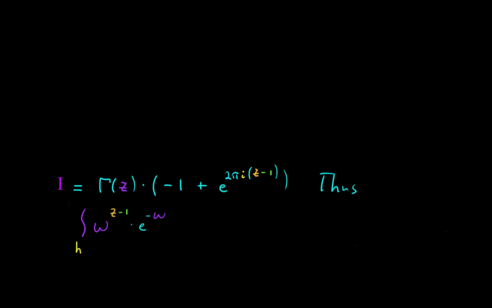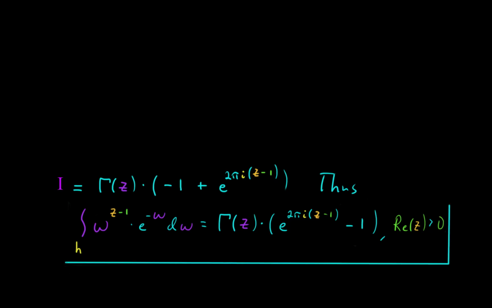And then rearranging terms on the right-hand side of the equation, we have that this contour integral equals gamma of z times, open parenthesis, e to the 2 pi i times z minus 1, minus 1, close parenthesis. Again, provided that the real part of z is greater than 0. So I'm going to put a box around this. This is a very important identity for us, one of the key results of this video.